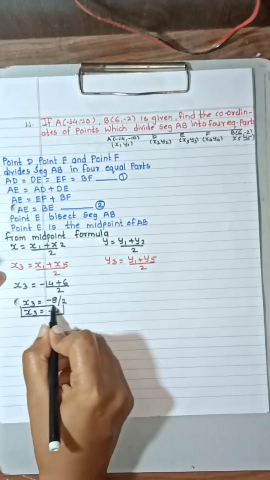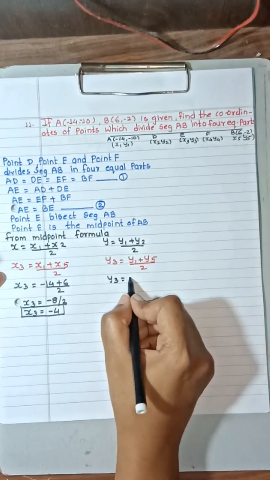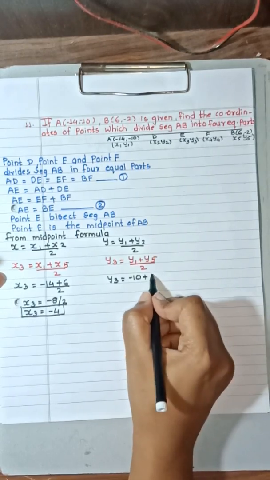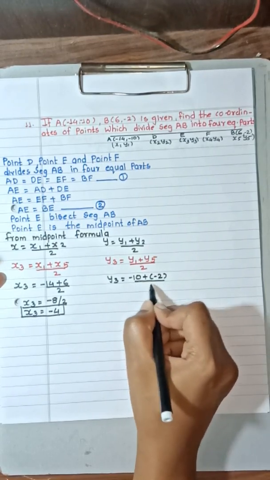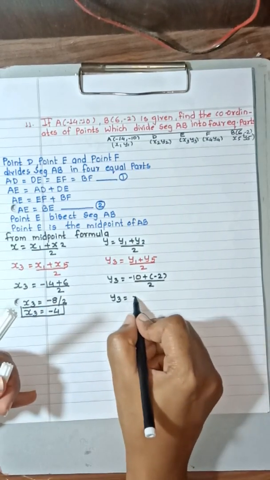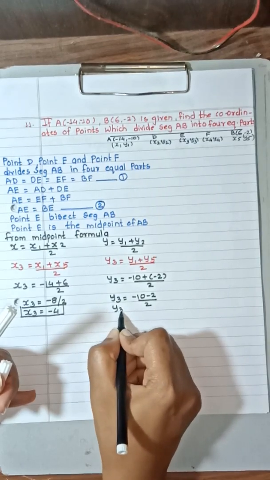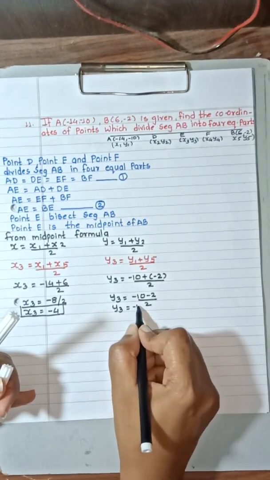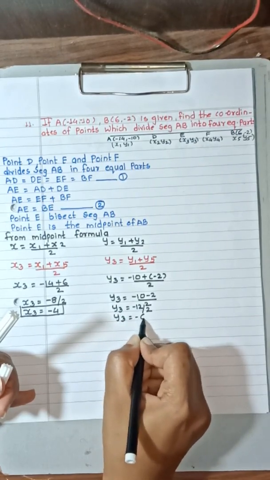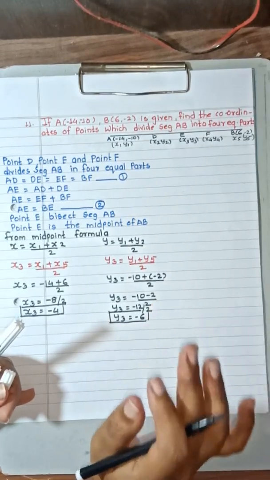Now y3 is equal to, what is y1? y1 is minus 10 plus y5 is minus 2, upon 2. So y3 will be equal to (minus 10 minus 2) upon 2. Therefore y3 will be minus 12 upon 2. Therefore y3 is equal to minus 6.